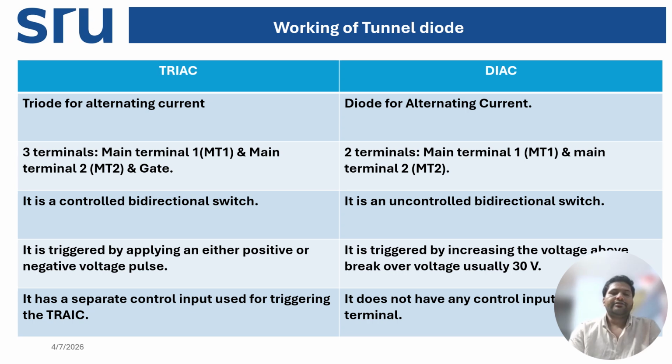TRIAC is a controlled bidirectional switch. DIAC is an uncontrolled bidirectional switch. It is triggered by applying either positive or negative voltage, usually around 30 volts. TRIAC has a separate control input used for triggering, but DIAC does not have a control unit to trigger the TRIAC.